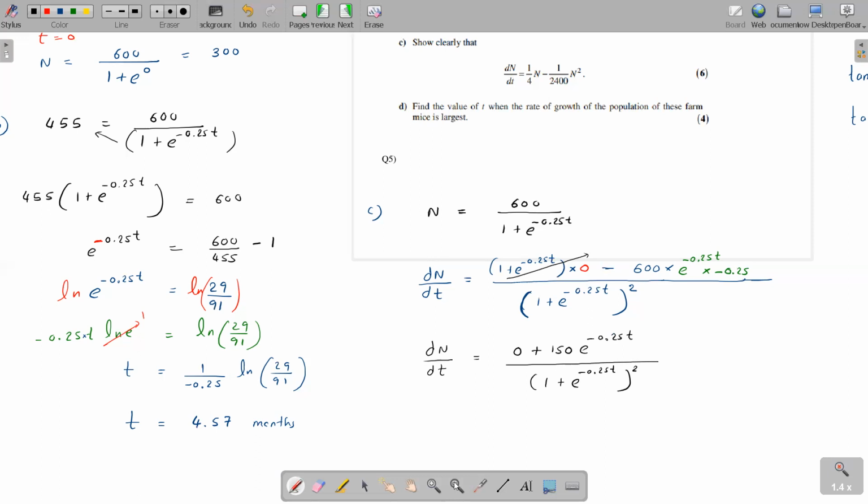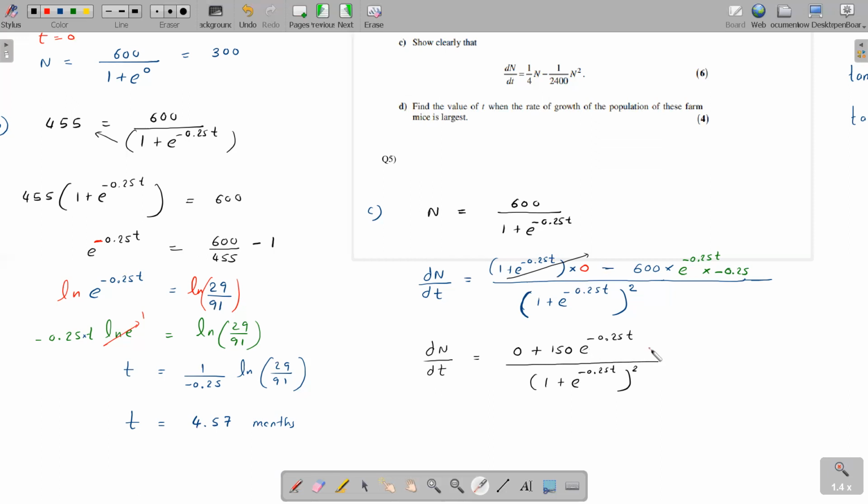But now the thing here is I need to show that. So you might see your show that and the dn by dt that we got are like we are looking at something totally different here, right? The show that has values with n, while the value that we obtained for dn by dt has e to the power minus 0.25t.